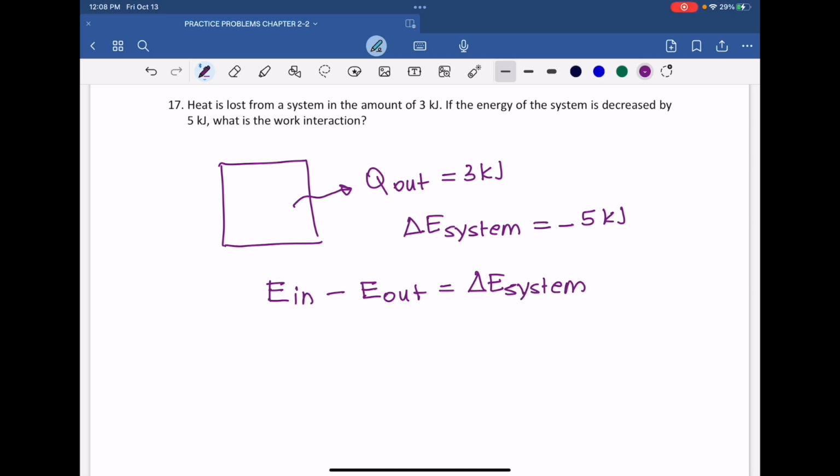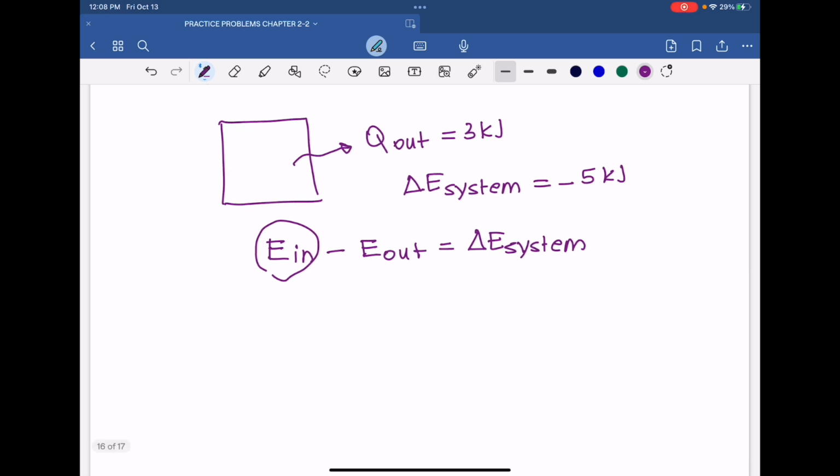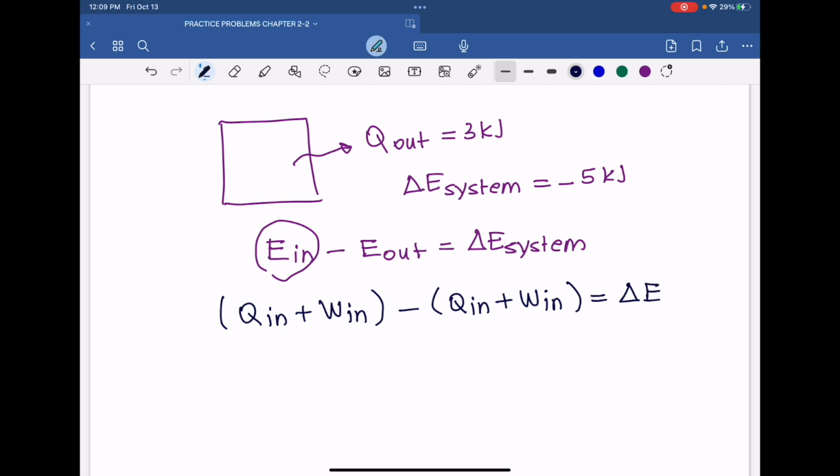That's it. Now, energy can get in the forms of heat and work, writing an explicit form here. And energies can get out the same way, heat and work, because heat and work are the only types of energies that are involved in energy interactions, and they are changing the energy of our system.